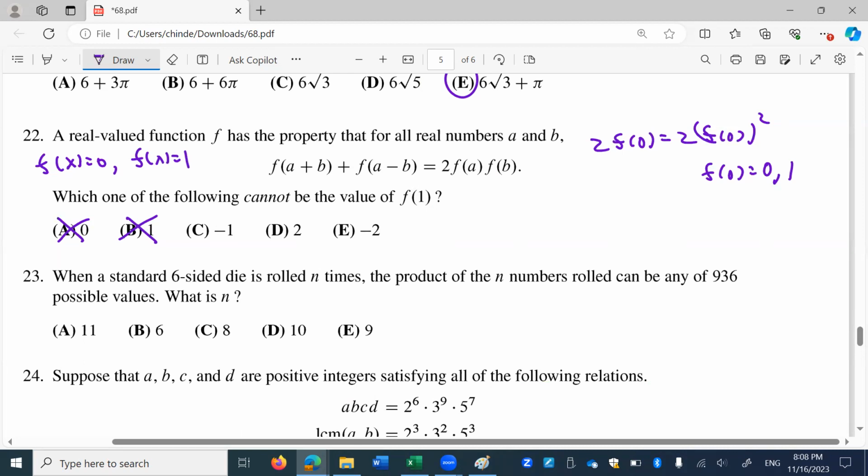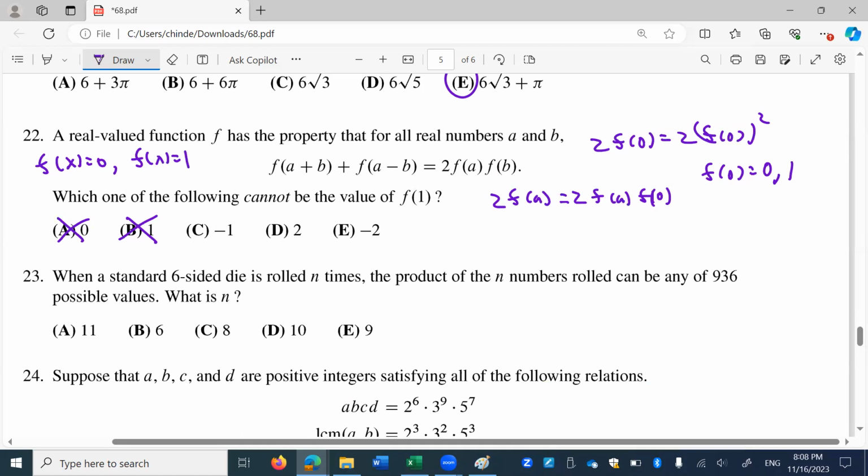Let's let b equal 0, since I know possible values for f of 0. So then we'll have 2 times f of a should equal 2 times f of a times f of 0. Okay, now, interesting.